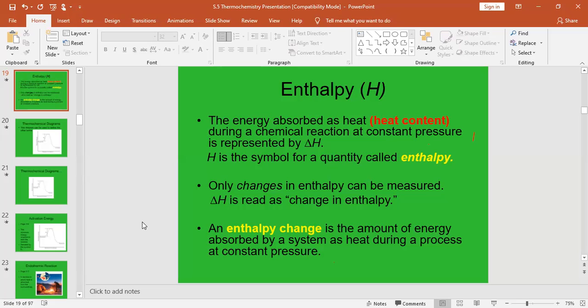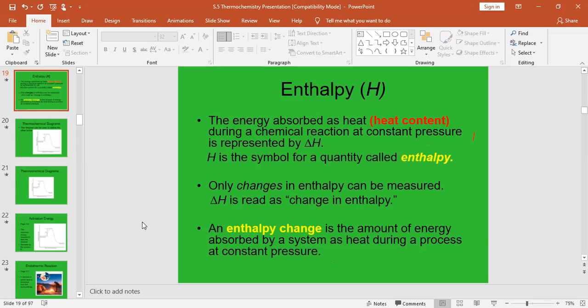The amount of heat absorbed by the water is what we eventually call the total heat change produced by that given mass of the fuel used. So an enthalpy change is the amount of energy absorbed by a system as heat during the process. But remember, it must be at constant pressure because pressure changes the heat content. So the pressure must remain the same.